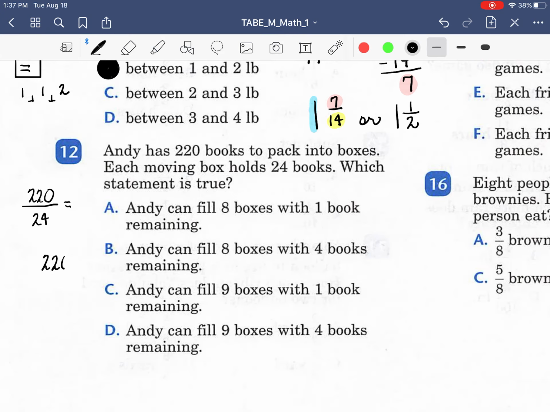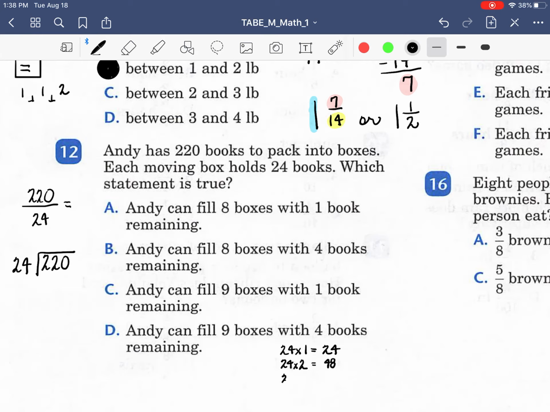That is improper, so let's divide it through. Now on this one, I really can't count on my fingers with 24. I could, but it's going to take me a while. So I'm going to come down here and list some multiples of 24.